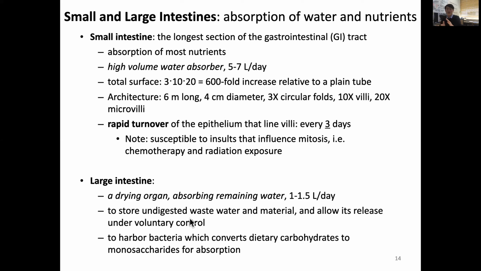A very interesting part of the large intestine is that it harbors bacteria which are symbiotic to our cells. They have a specific role, which is still a very hot issue these days. That bacteria converts dietary carbohydrates to monosaccharides for our absorption.